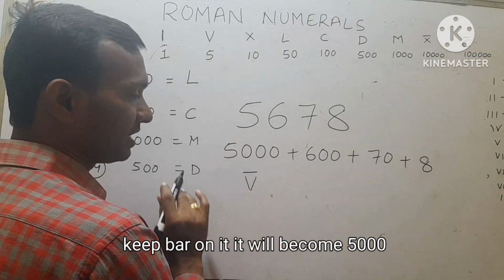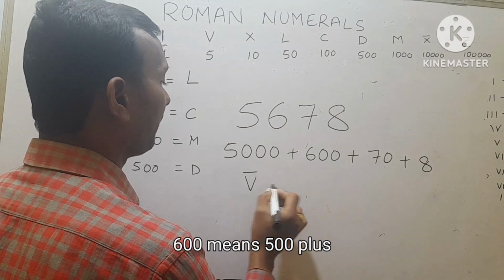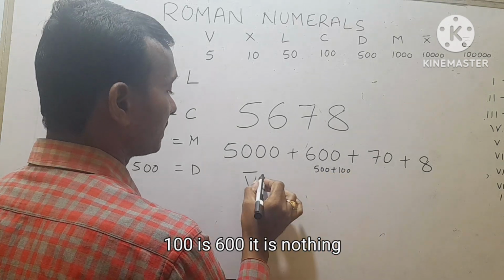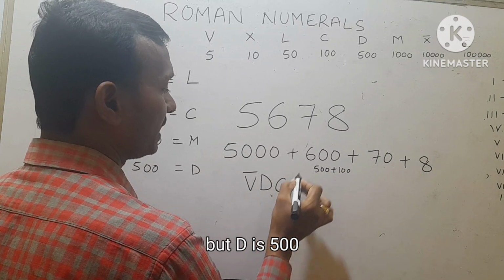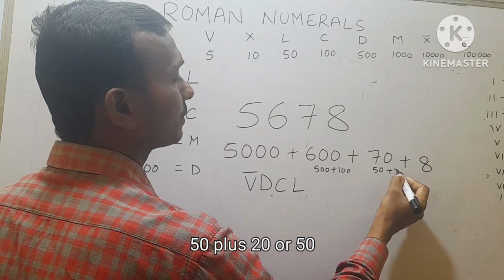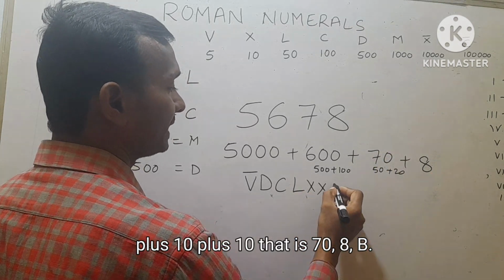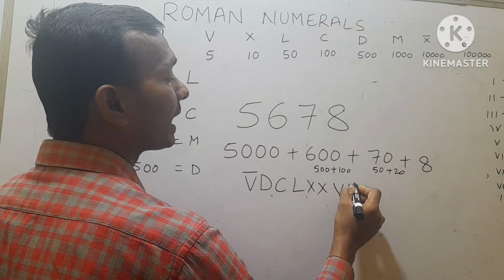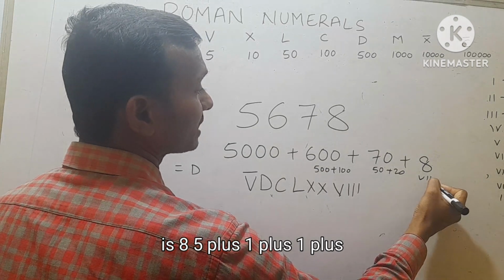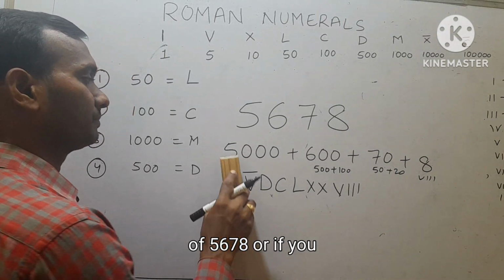If you keep a bar on it, it will become 5000. 600 means 500 plus 100 is 600. It is nothing but D is 500 plus 100. 70 is 50 plus 20 or 50 plus 10 plus 10. That is 70. 8 is V I plus I plus I. This is 8. 5 plus 1 plus 1 plus 1. That will give you 8. This is the representation of 5678.